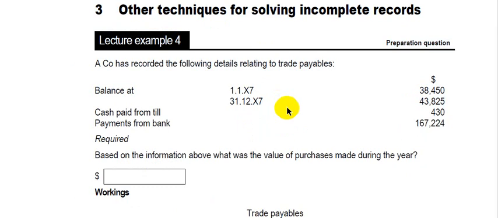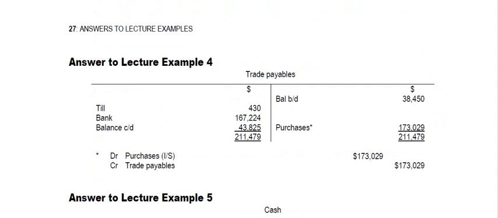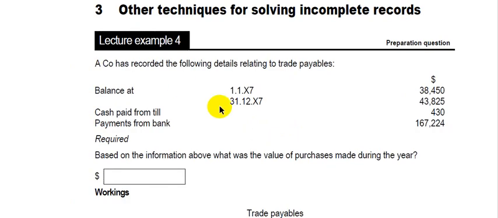When you pay out cash, the cash account is credited, so in the payable account it is debited with 430. The payment of 167 also from the bank will be debited in the payables because it's credited in the cash account. Then we bring in our closing balance of 43,825.